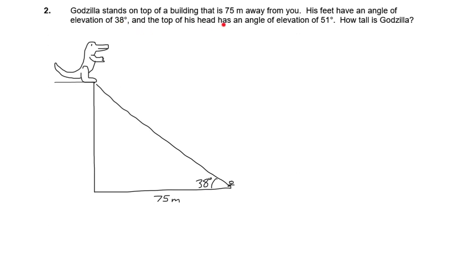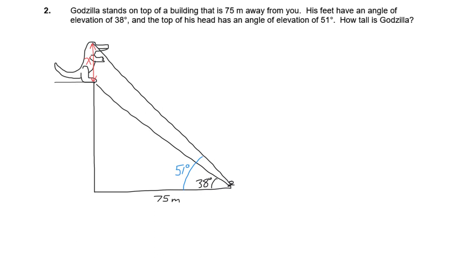The top of his head has an angle of elevation of 51 degrees. So from where you're standing, looking up to his head, it's 51 degrees. So this is the drawing that we have. And we're asked to find how tall is Godzilla. And I've labeled that as X. So X is the distance we're trying to find.